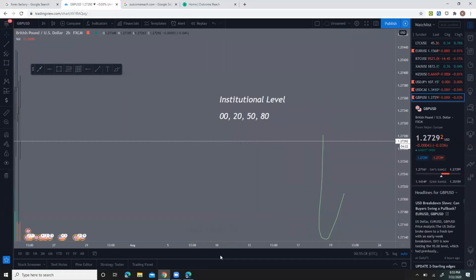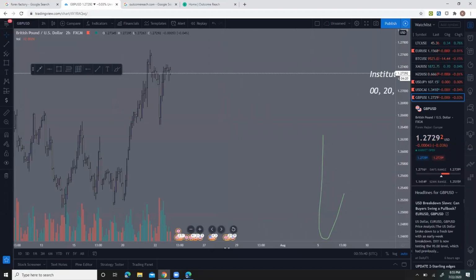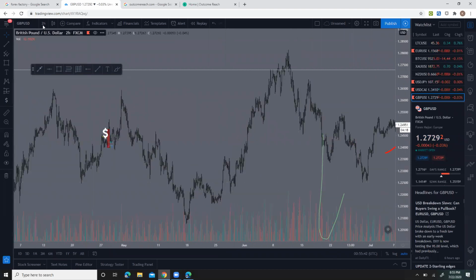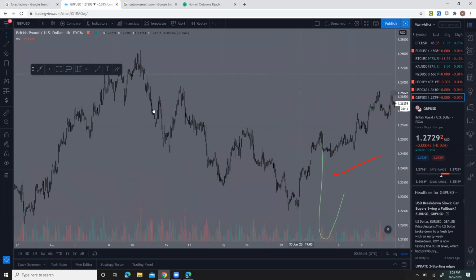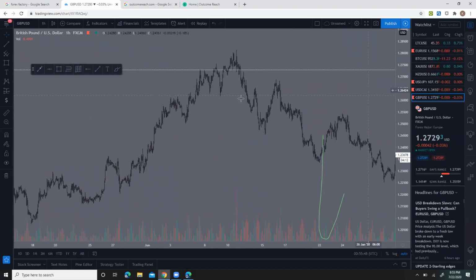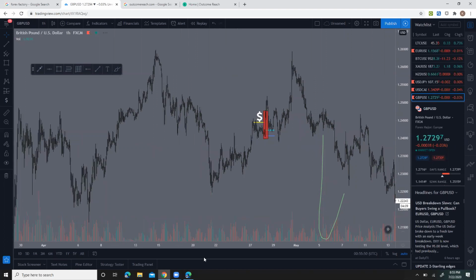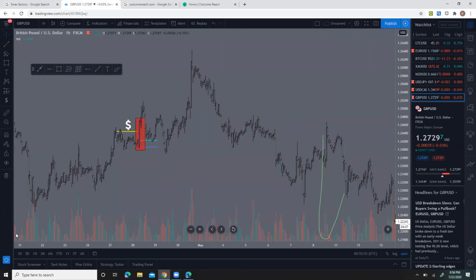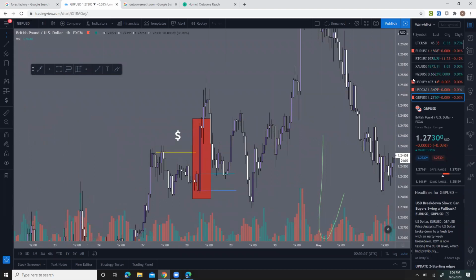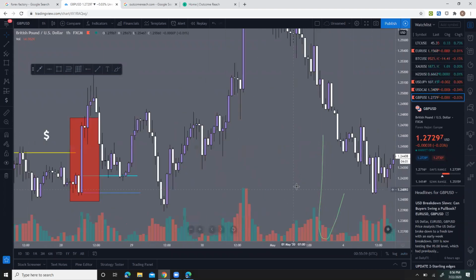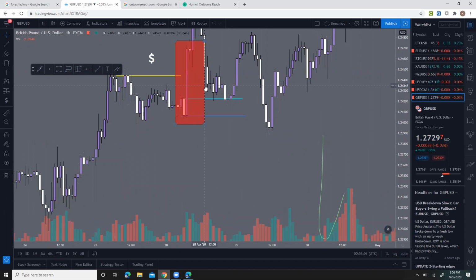Let me go back to the GU example so I can show you how it fell on the institutional level in the right time frame this time. Here we go. And let's get rid of this red box.